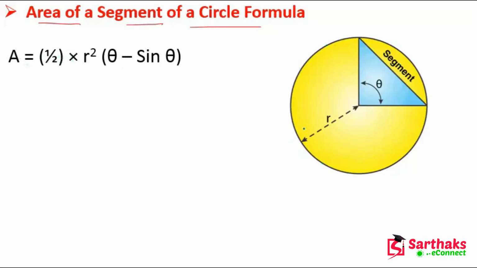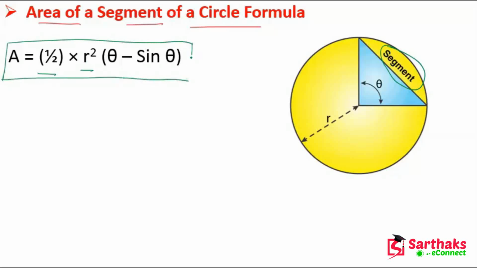Let's suppose this is a circle and we have a segment like this. The area of the segment is half into r square into theta minus sine theta. This area is in radians.